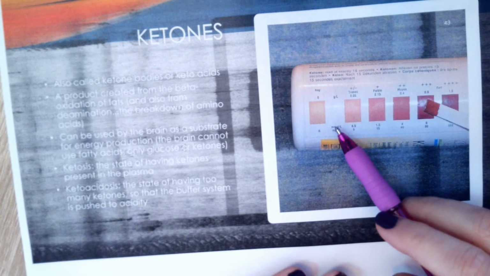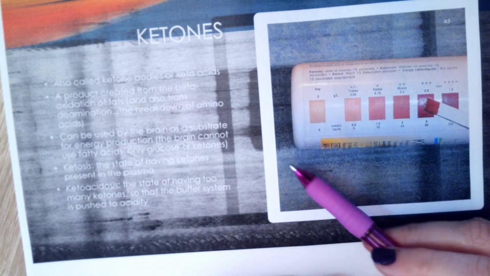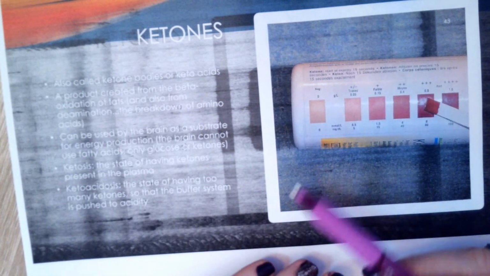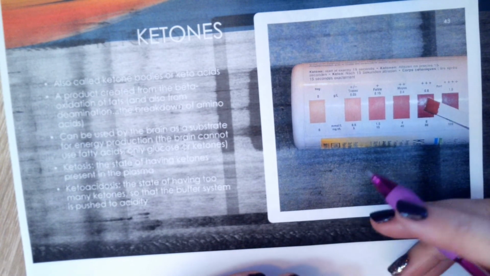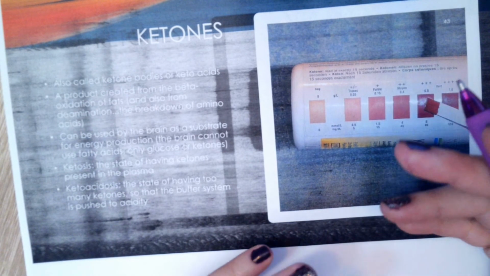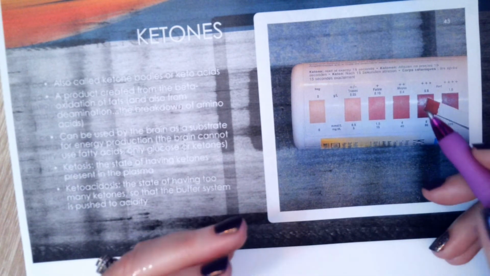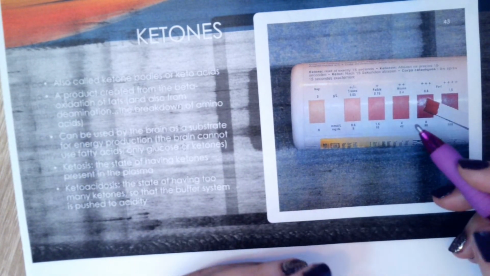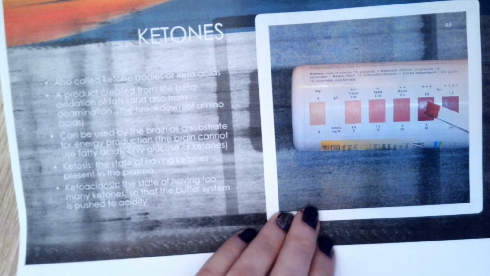They often end up relying too much on beta oxidation or on breaking down of amino acids for energy production, which results in a lot of ketones. The reason for that is that their insulin receptors aren't working so well, so glucose doesn't get into the cells. A diabetic person can have a lot of glucose present in their blood, but if the glucose can't get into the cell, then it's not going to be used for energy production. So that can end up with ketoacidosis.